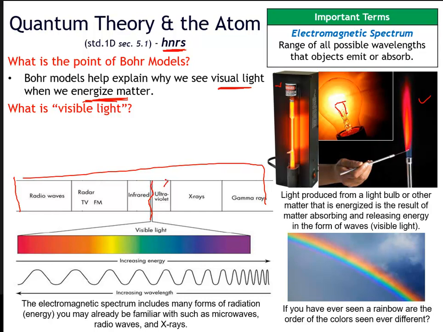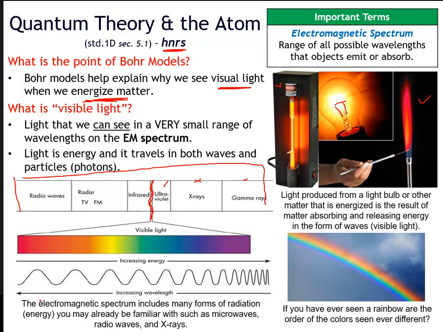To ultraviolet light, the energy that comes from the sun that we need to protect against using sunblock. X-rays, if you've ever been to the doctor's office. And then there's gamma rays, right? What we're going to be focused on is just this small sliver of the electromagnetic spectrum we call the visible light. Now, the visible light is a very small range of wavelengths of the electromagnetic spectrum.